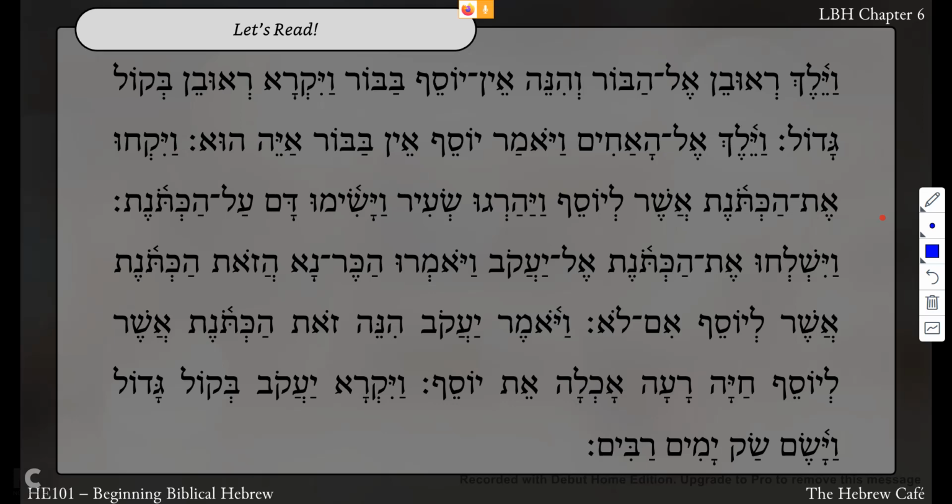So if you remove the dagesh and you have this word ketonet, it would be pronounced kethonet or kesonet. And in both situations, it just sounds bad. So instead, they preferred to say ketonet, so they had to add the dagesh to make it sound right.